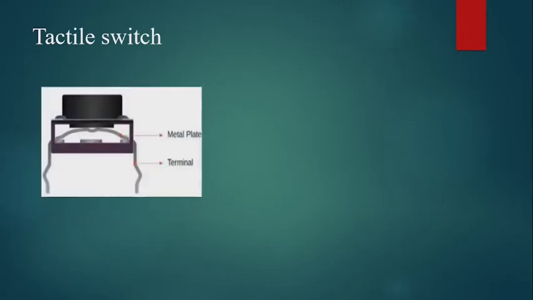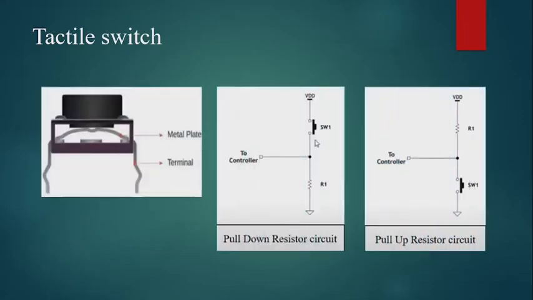Tactile switches. Tactile switches have two types of resistor circuit: pull down resistor circuit and pull up resistor circuit. This is the pull down circuit.